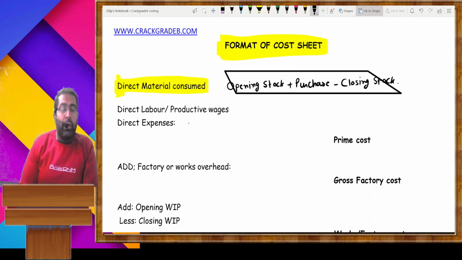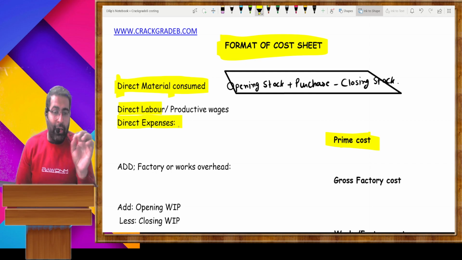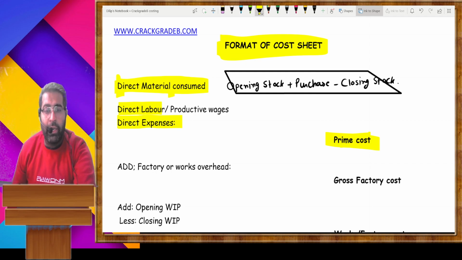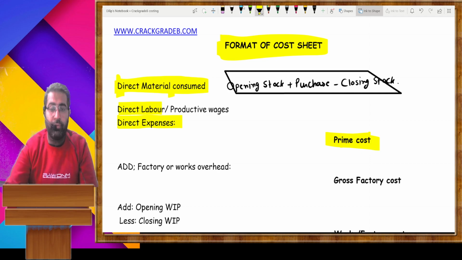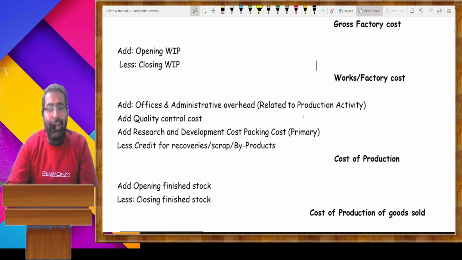Okay. Now, in direct material, we include direct labor and direct expenses. Then it is regarded as the prime cost. Now, how many things are included in material, labor and expenses? These are as under, directly given.